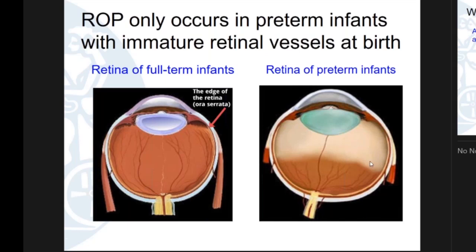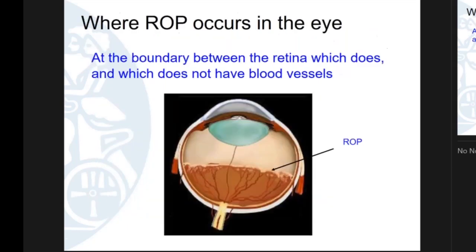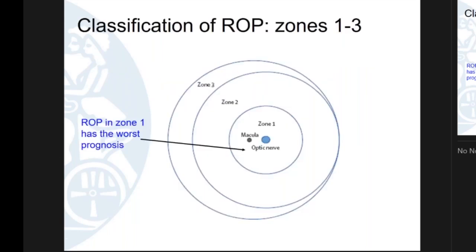So retinopathy of prematurity occurs at the junction between the vascular retina and the avascular retina, and you get abnormal proliferation of blood vessels at this boundary here. There's an international classification for RoP which describes 3 zones.